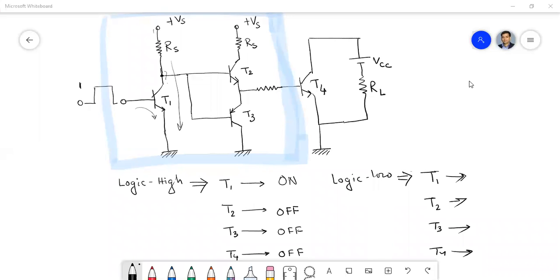Okay, so T1 is off. It's very simple to answer this. What about T2? T2 is off. Why?